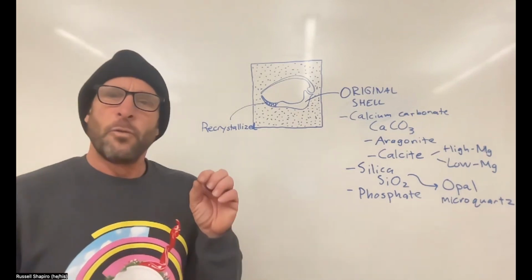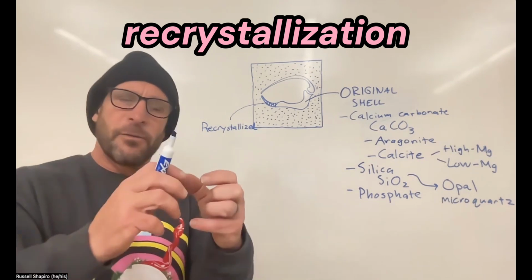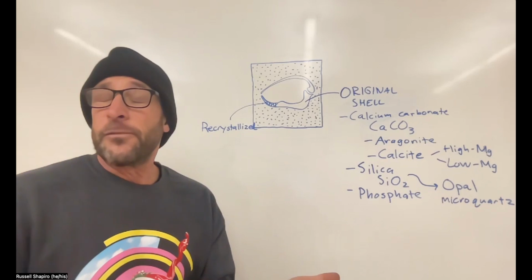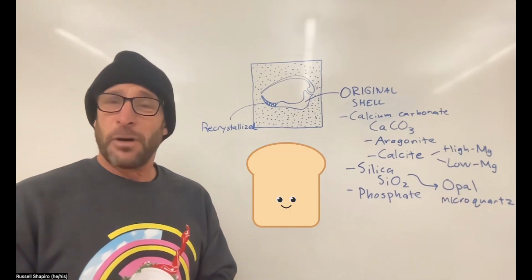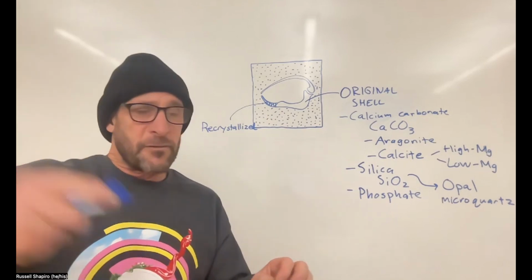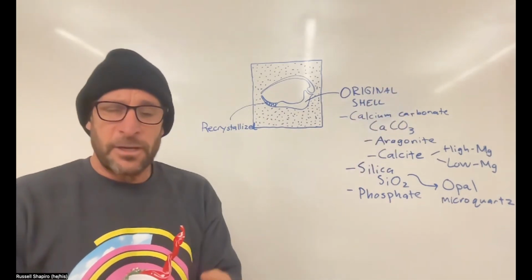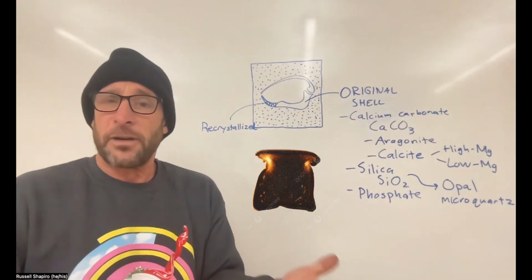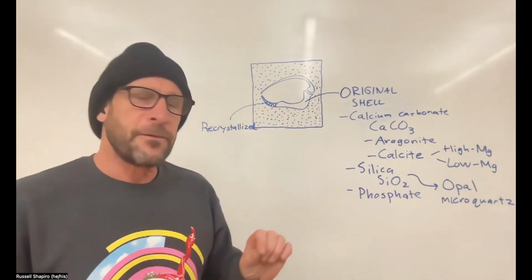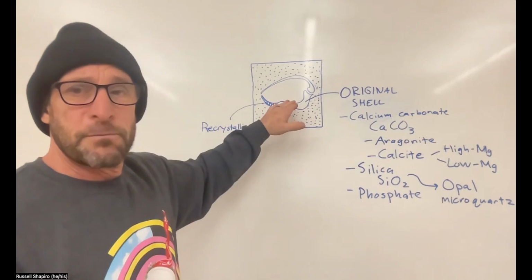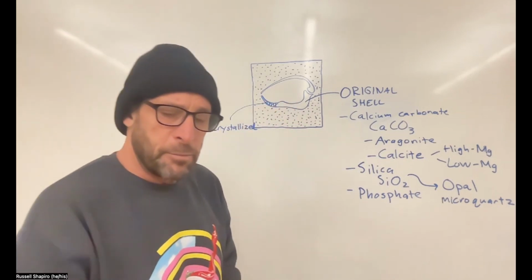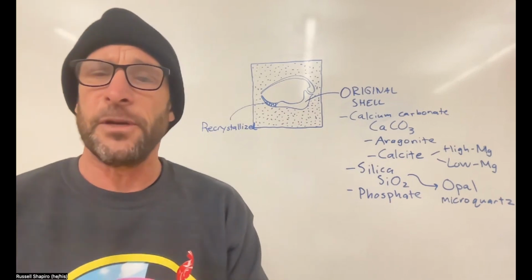Now, that's recrystallization, taking the original mineral and tweaking it and changing it. I don't know if this is a good analogy, but imagine if you burned toast. That burnt crust, it wasn't like it came magically from outer space and substituted. You just turned that bread to burnt stuff. That's kind of like recrystallization. That's really different from taking the original shell when it's buried and dissolving it and replacing it with a totally different mineral.